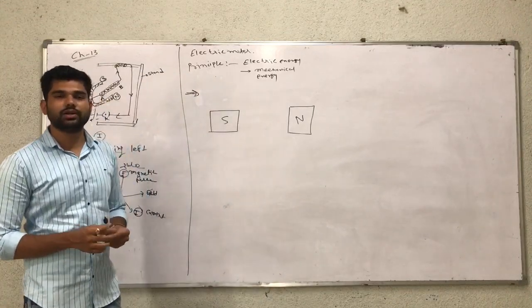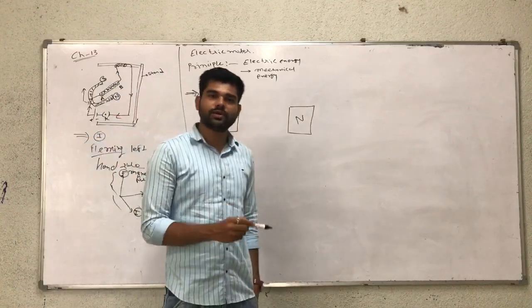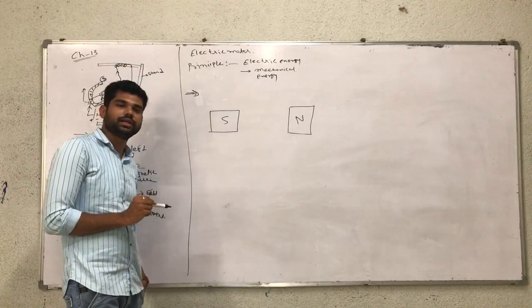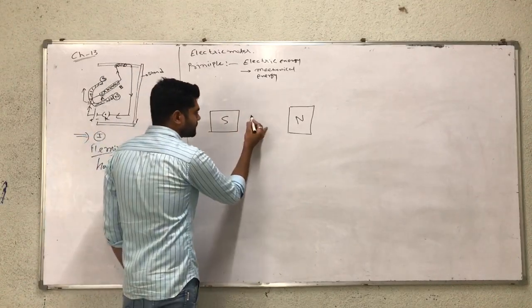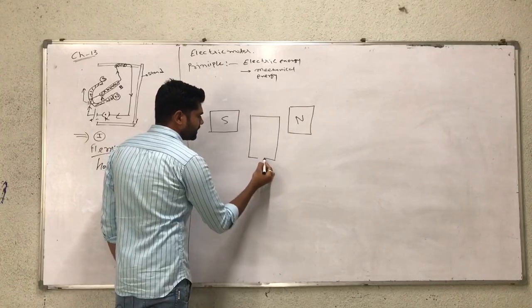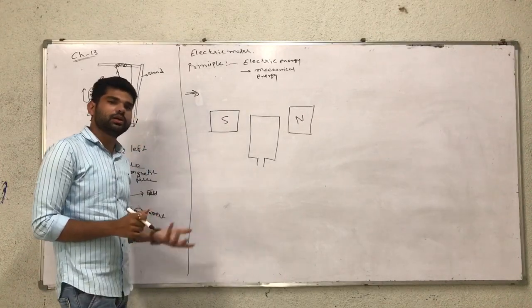The purpose of using a rectangular coil is to apply force on a surface and rotate easily, in place of a straight conducting wire. So between these we use one rectangular coil. It means a rectangular wire.